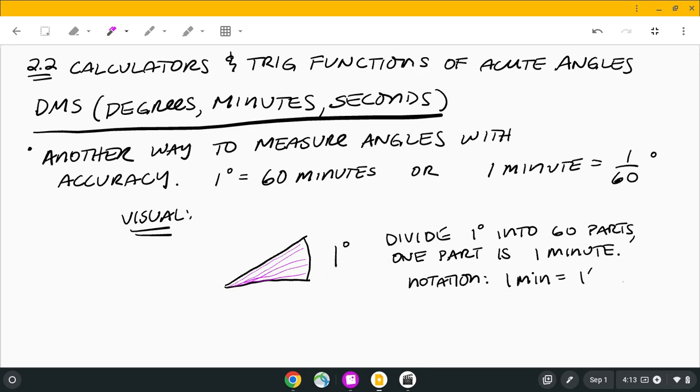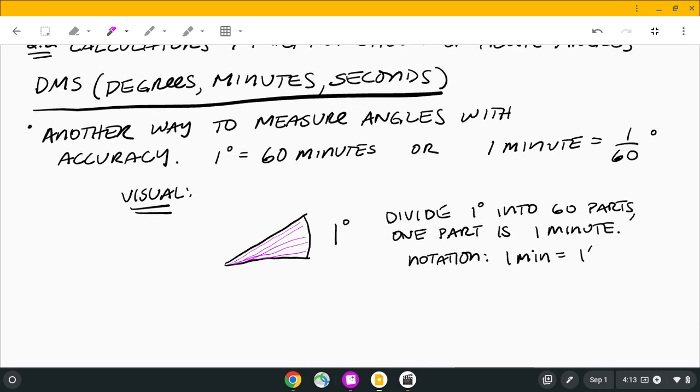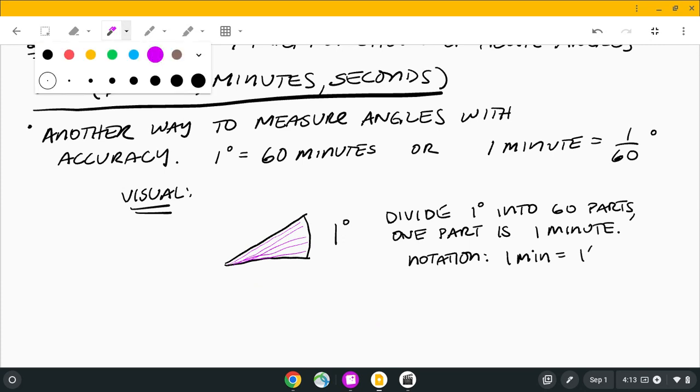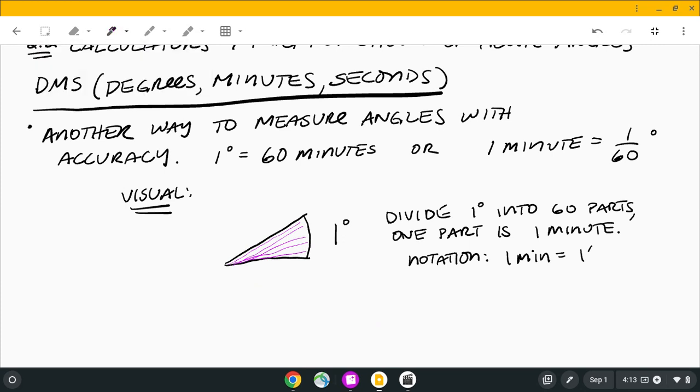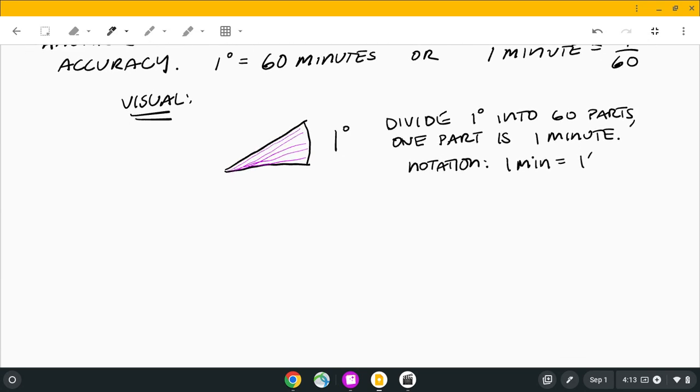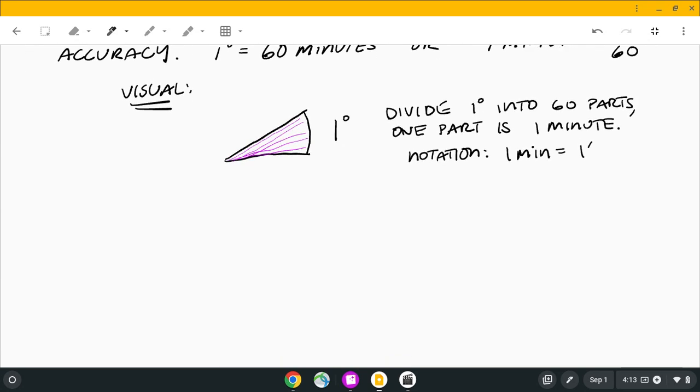Okay, and then we have seconds. You can probably guess what makes up 1 second. So this is 1 degree.